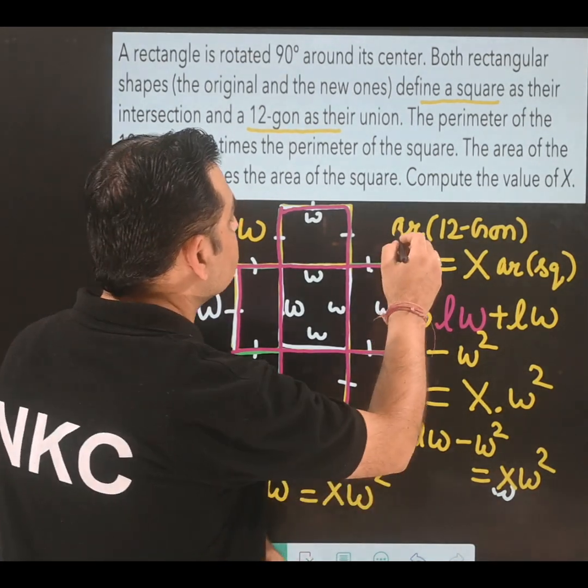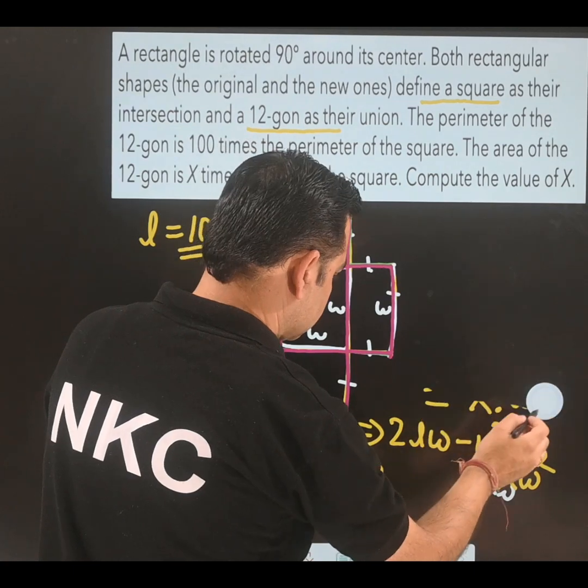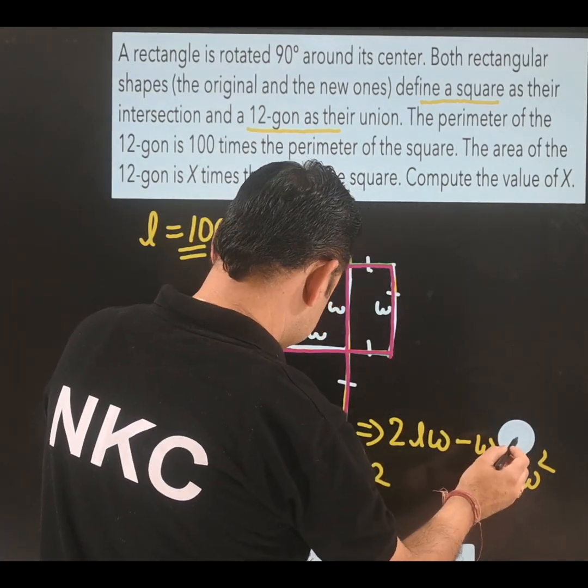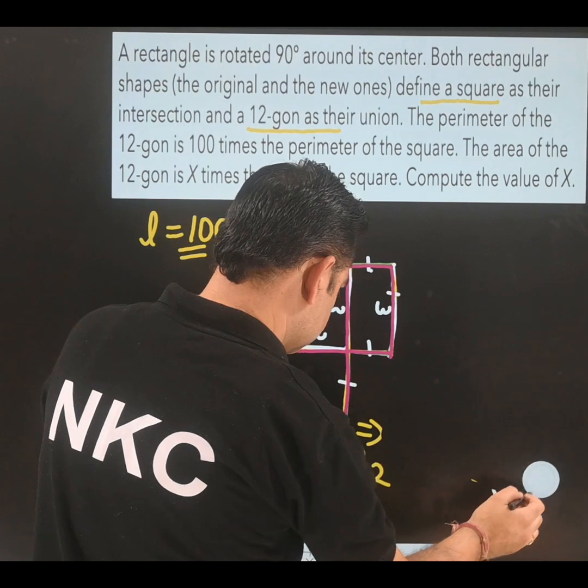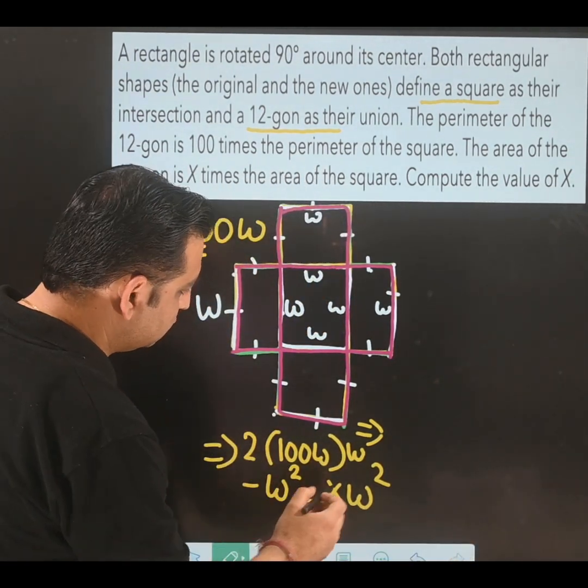Let me make the space again. Actually, I cannot remove the diagram because the diagram is very important. So we have 2 multiplied by 100, which is 200.